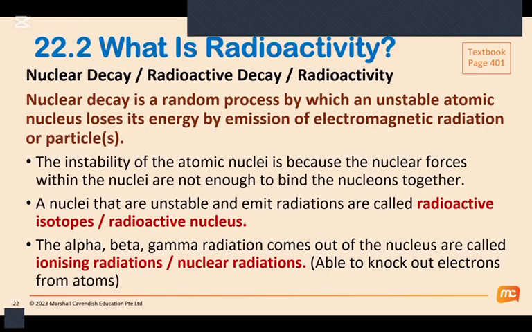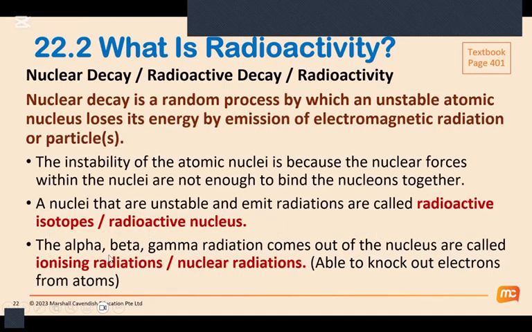When the nucleus becomes unstable, it will always try to become stable. It tries to become stable by emitting electromagnetic radiation, which is your gamma rays, or emitting particles, which are your alpha or beta particles. Certain terms to take note of: the nucleus that is unstable and is going to emit radiation to make itself stable is called a radioactive isotope, or we just call it a radioactive nucleus.